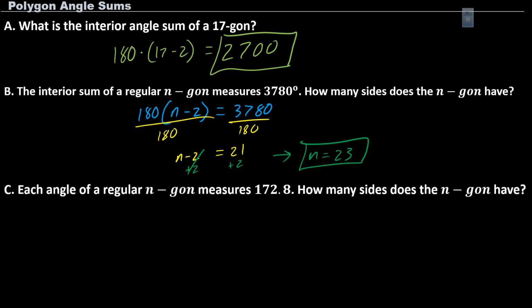And lastly, each angle of a regular n-gon measures 172.8. How many sides does the n-gon have? So 180 times n minus 2 over n is equal to 172.8.